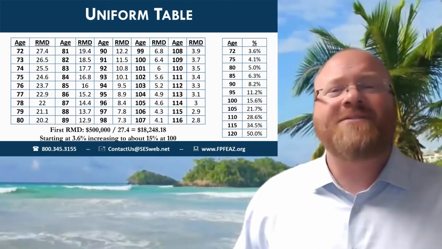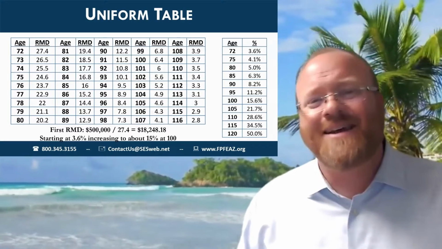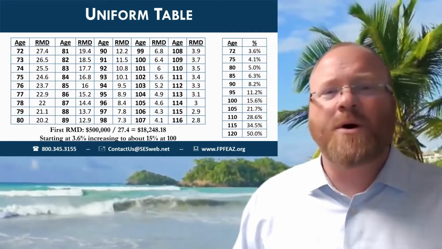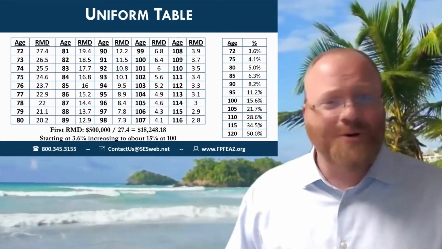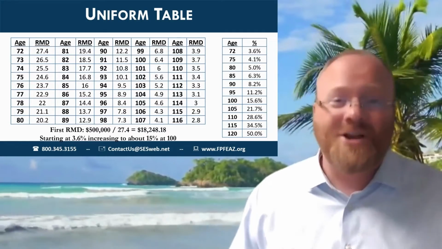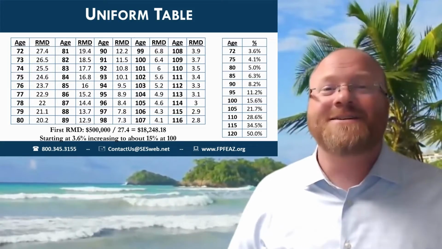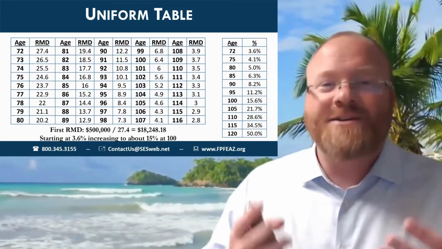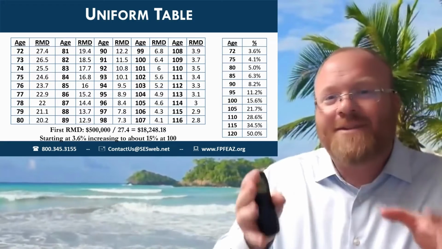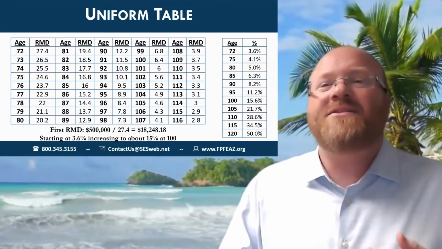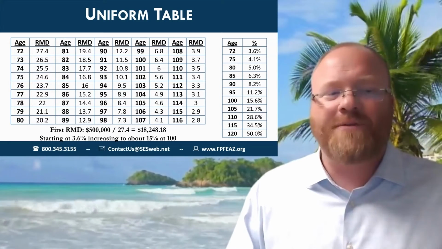So notice at 72, the number next to 72 is 27.4. That is not a percentage. You don't have to pull 27.4% of your portfolio out. That's ridiculous. It's a divisor. That's how they have this done, they use a divisor, not a percentage of the portfolio.